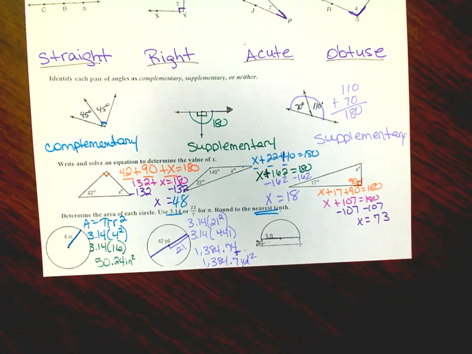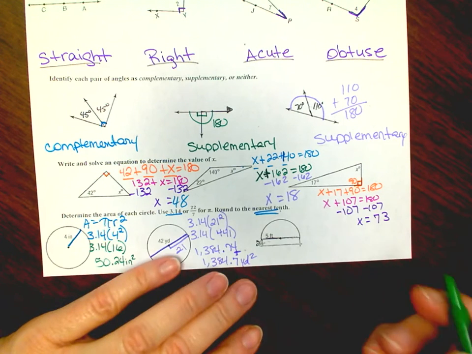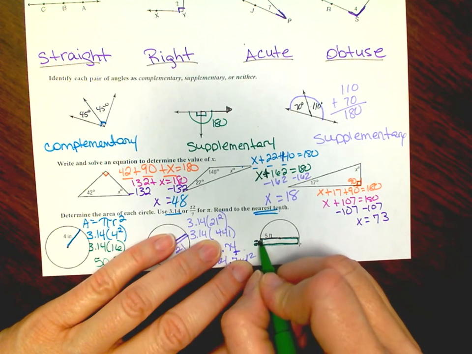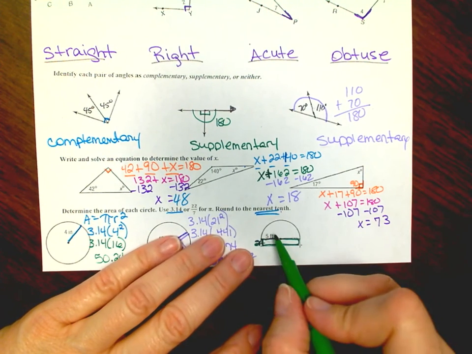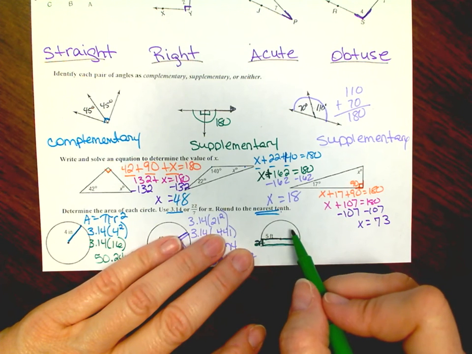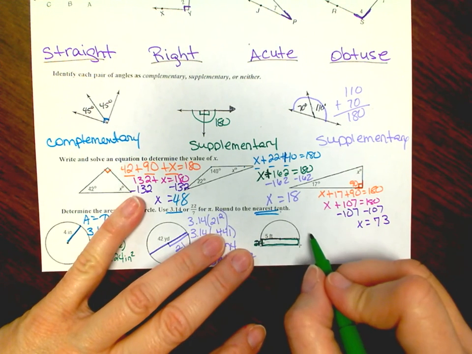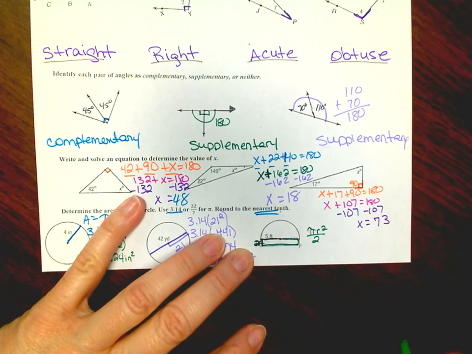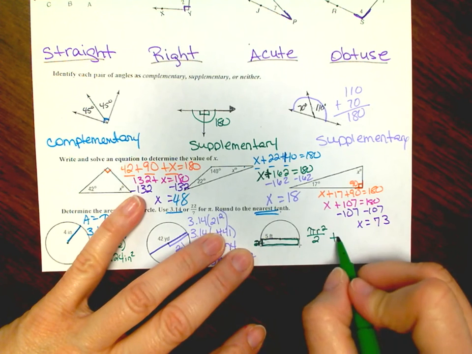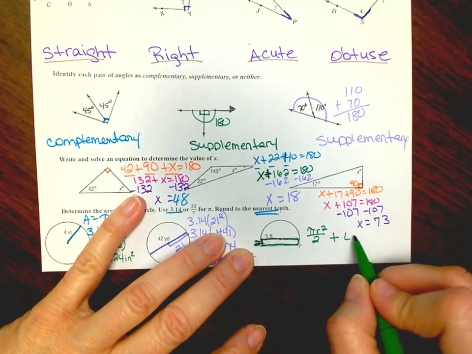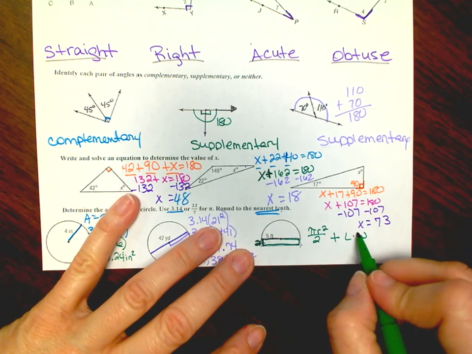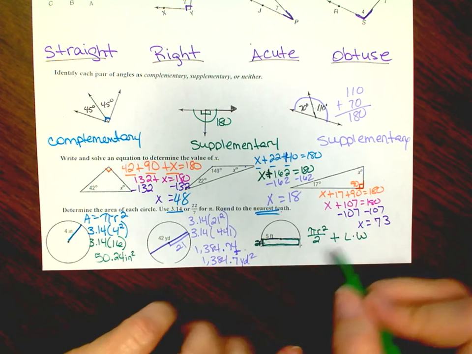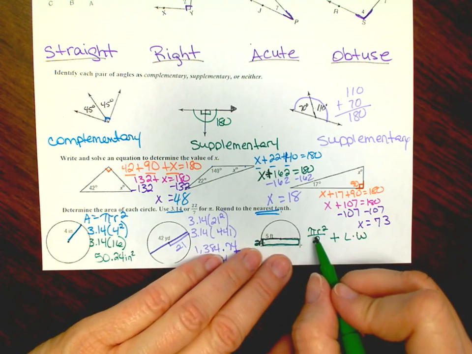This last one is a composite figure. Okay, we just talked about this. This little rectangle on the bottom here is 2 feet tall. So let's take our semicircle and find the area of the semicircle, which is pi r squared divided by 2, because it's only half of a circle, plus your rectangle, which is length times width.